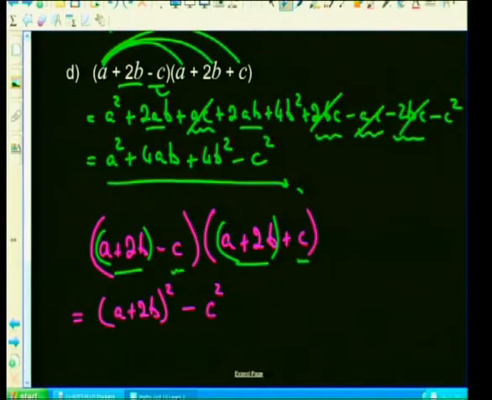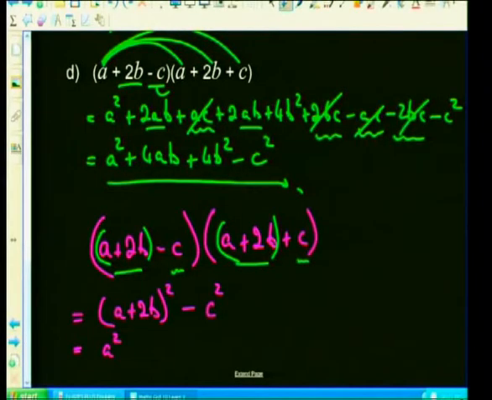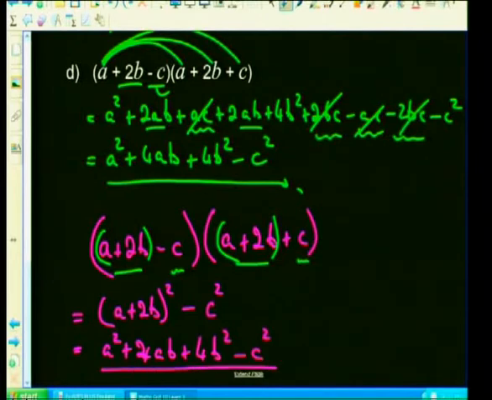I'm sure you would agree with me that that's a lot quicker. So here we go. We're just going to finish it off with our shortcut for bracket squared as well. First squared, first times second times 2, that gives us 4ab, and second squared, 4b squared, minus c squared. And guys and girls, it's exactly the same answer as we got over there.